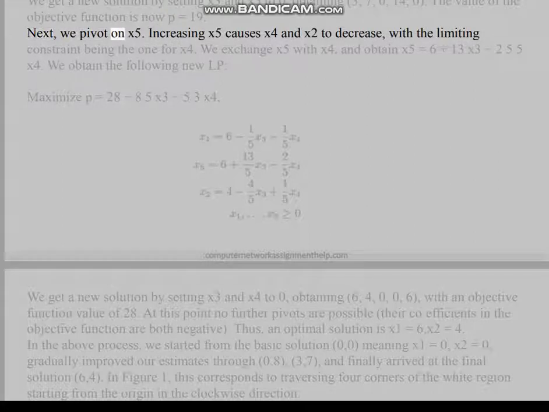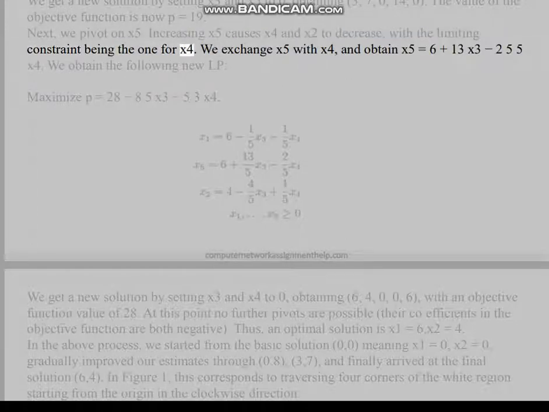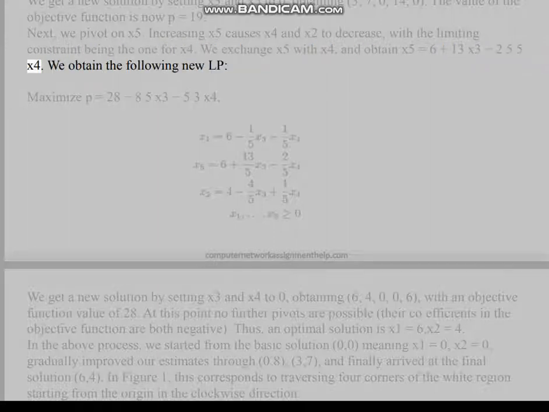Next, we pivot on x5. Increasing x5 causes x4 and x2 to decrease, with the limiting constraint being the one for x4. We exchange x5 with x4 and obtain x5 = 6 + 13x3 - 255x4. We obtain the following new LP.